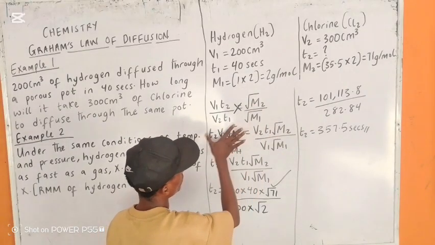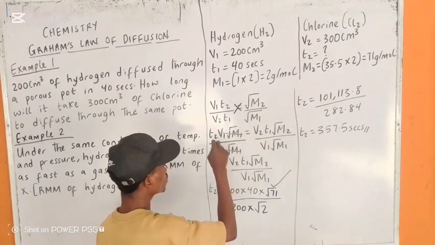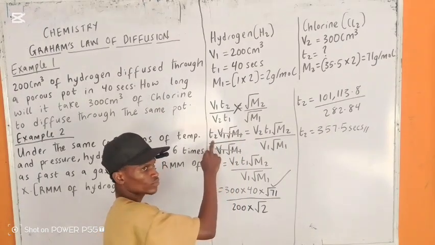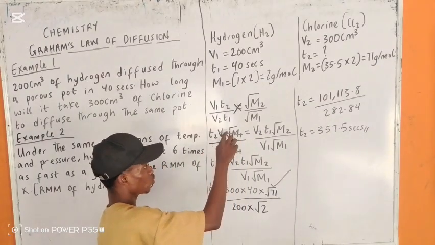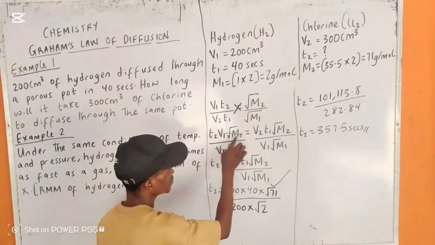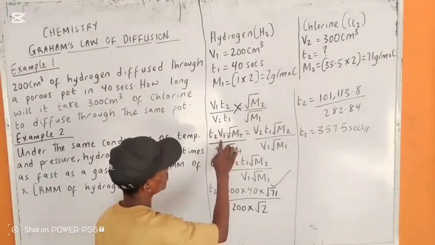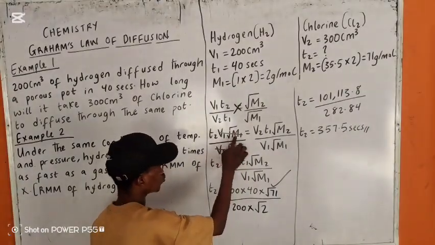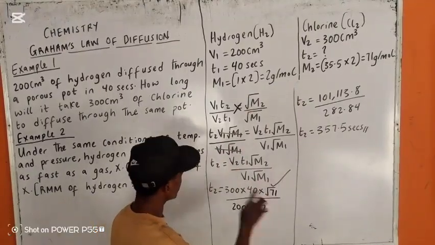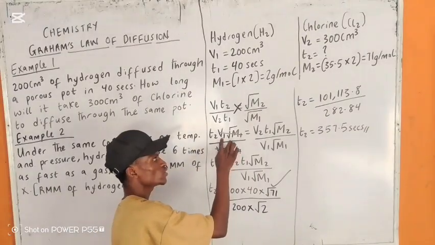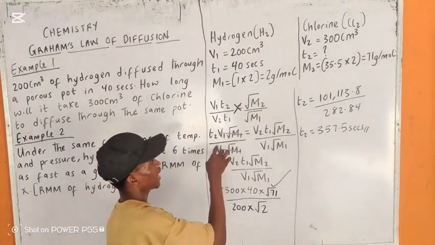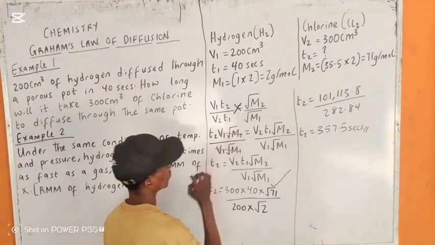So I have this, and to make T2 alone, I have to remove the term that is disturbing it. If I want to make this one the subject of the formula, I will have to remove this one and this one also.